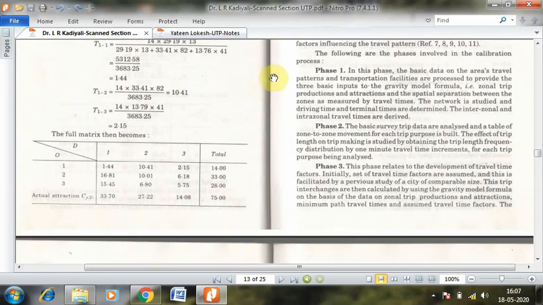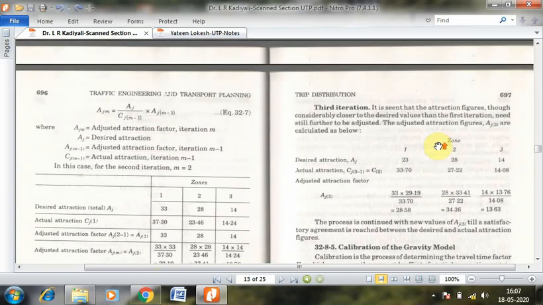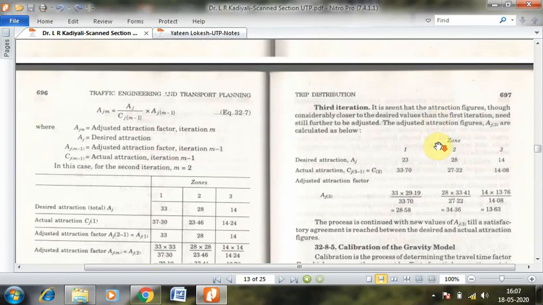Okay, so to normalize this, you will have to move on to the third iteration. So again, it is seen that the attraction figures, though considerably closer to the desired values than the first iteration, need still further adjustments, and then accordingly you need to again find out the new adjusted attraction factors Aj3.